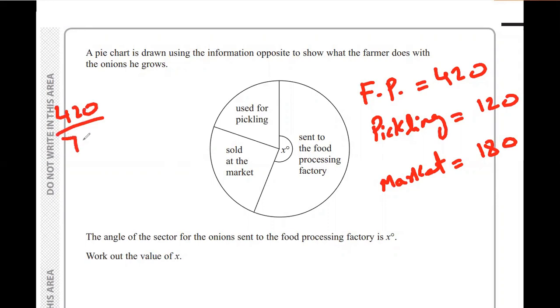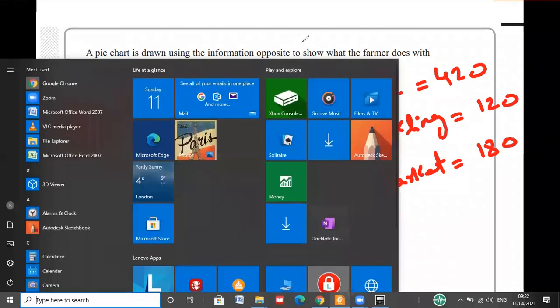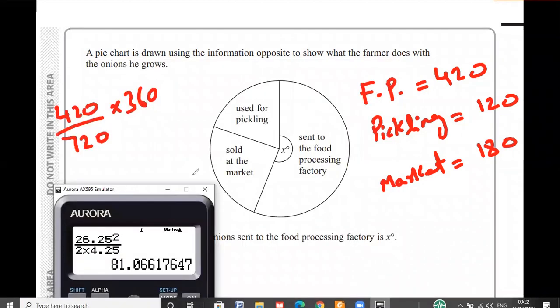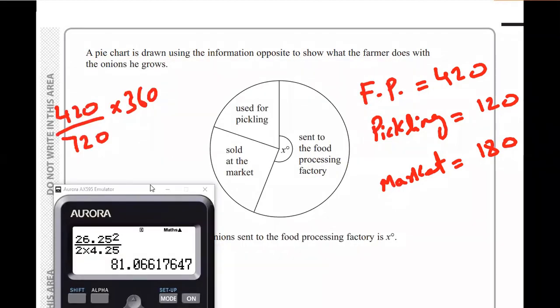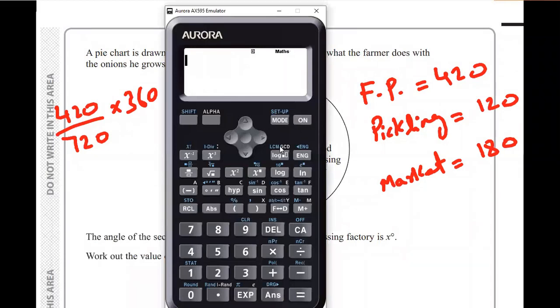But 420 out of 720 times by 360. If we use a calculator for this, we start with the fraction 420 out of 720 times by 360, and this gives me an angle of 210.